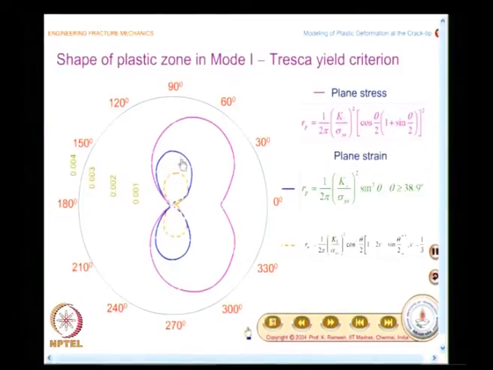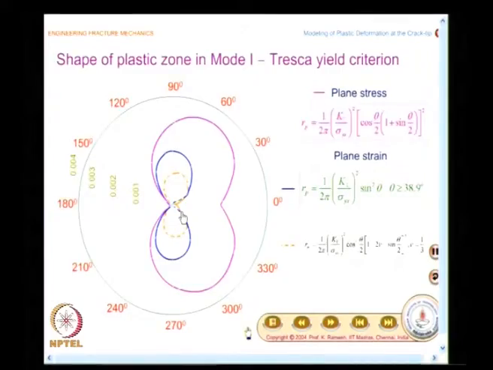And how does this look? If you look at this, it is something similar to your isochromatics. They are straight, but have to be forward tilted, and along the crack axis there is some extent of plastic zone available.